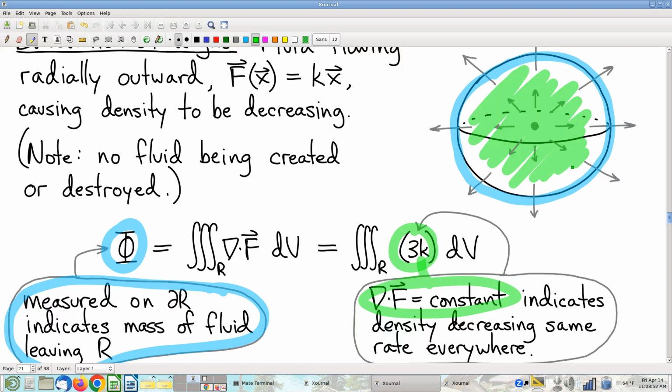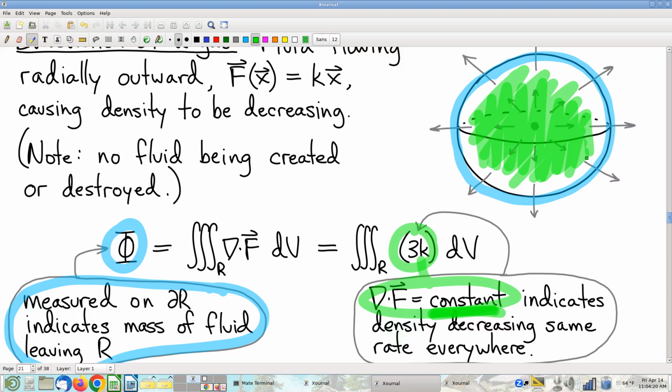Because this gas leaving through the boundary is really kind of a symptom of the more underlying reality, which is that the density on the inside is decreasing. The gas that's on the inside, there's getting to be less and less gas everywhere, uniformly throughout this interior. And the fact that this is a constant points to how this is uniformly through the interior, and the decreasing density in that interior.